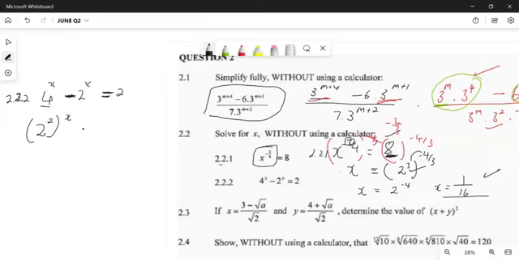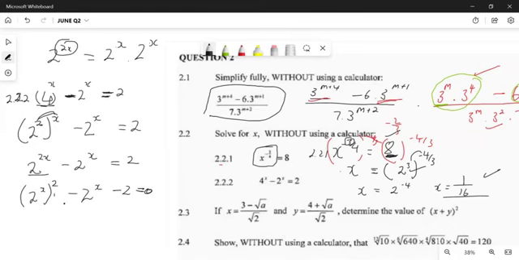And then I'll write everything else as it is. Minus 2 to the power of x, which is going to be equal to 2. Change this one and then put this one outside. This one goes outside and then this one comes inside. So that we have 2 to the power of x, open bracket, all squared again, minus 2 to the power of x, which is going to be equal to 2.